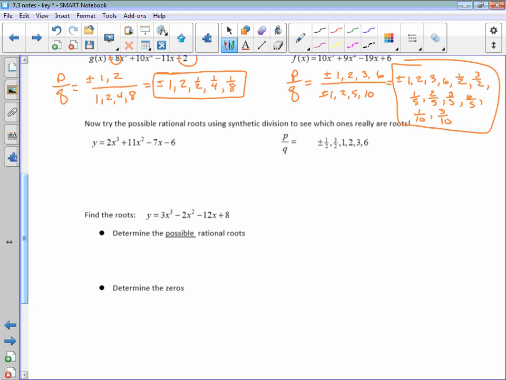So for these, do you think we want to start with 1 half and 3 halves? Probably not. Those are not the funnest to do synthetic division with. So I would start with a 1 or a -1, 2, -2. What do you guys want to try? 1? We'll do 1 first. You can pick the next one if this doesn't work, okay?